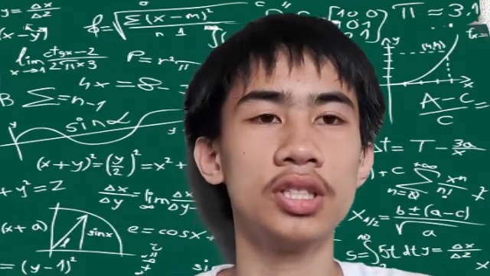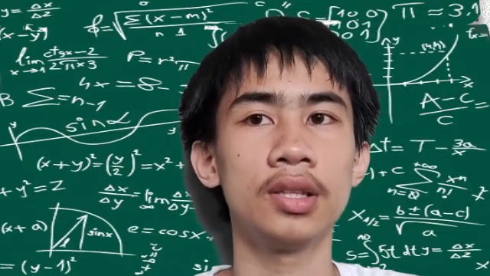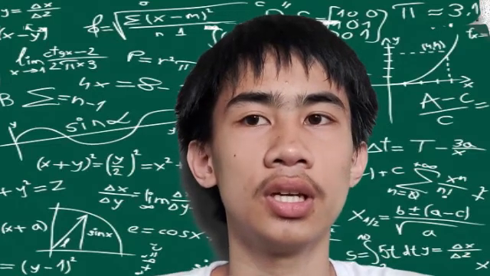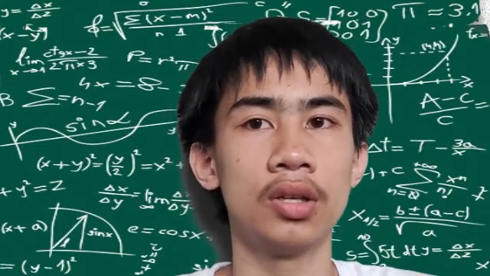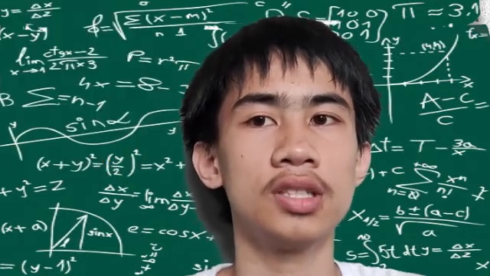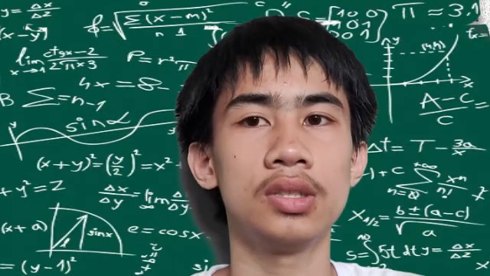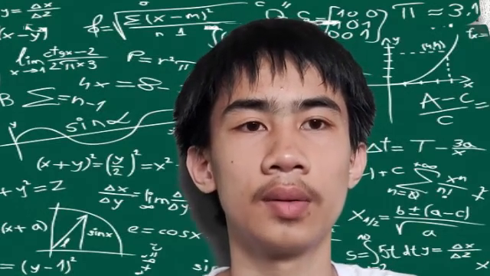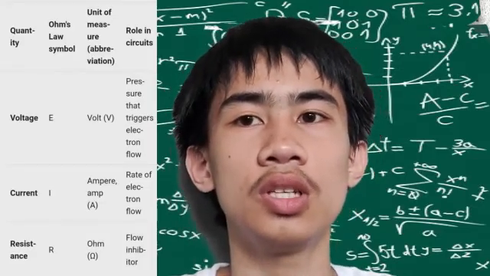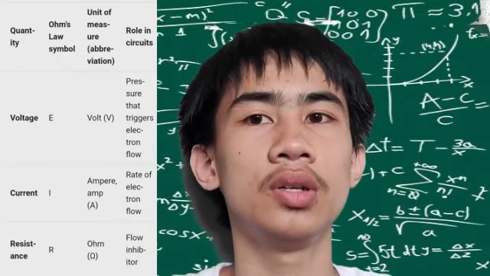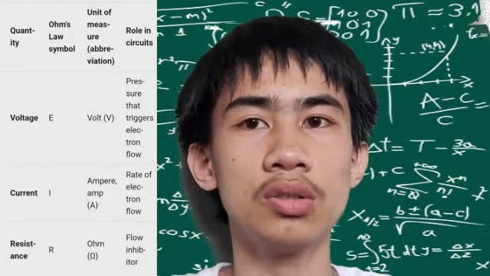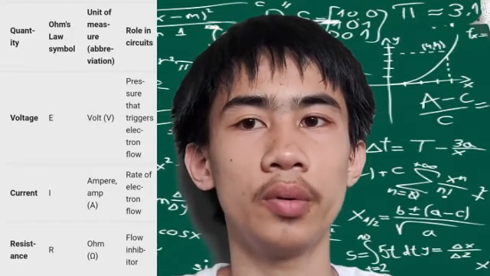Ohm's law. Ohm's law is a formula used to calculate the relationship between voltage, current, and resistance in an electrical circuit. Named for German physicist Georg Ohm, Ohm's law addresses the key quantities at work in circuits. Quantity: voltage, Ohm's law symbol E, unit of measure volt, role in circuit is the pressure that triggers electron flow.